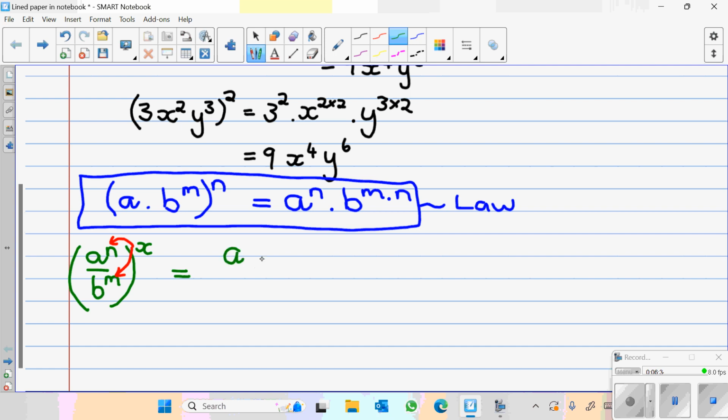So it becomes a to the power of n times x over b to the power of m times x. So it is distributed to both, and because there is a power at both, they are also multiplied with the power that is already there.